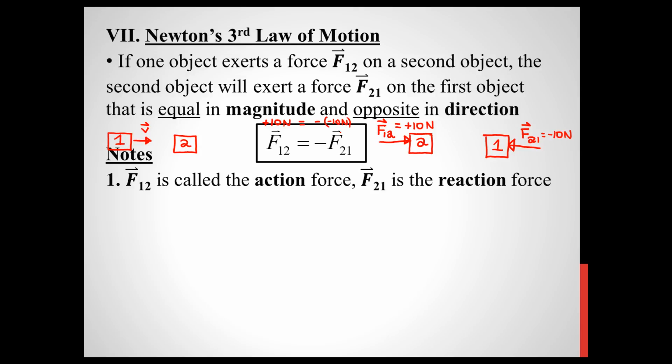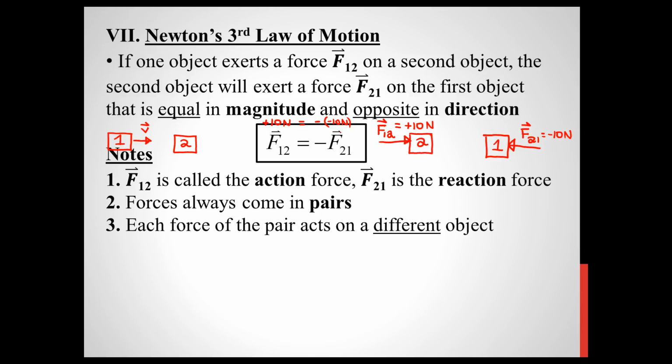So object 2 exerts a force back on object 1, and we call that the reaction force. 2, we identified this in the first lesson of the unit, that forces always come in pairs because forces are always due to the interaction between two objects. And I can see the pair of forces that I have here in the example identified.